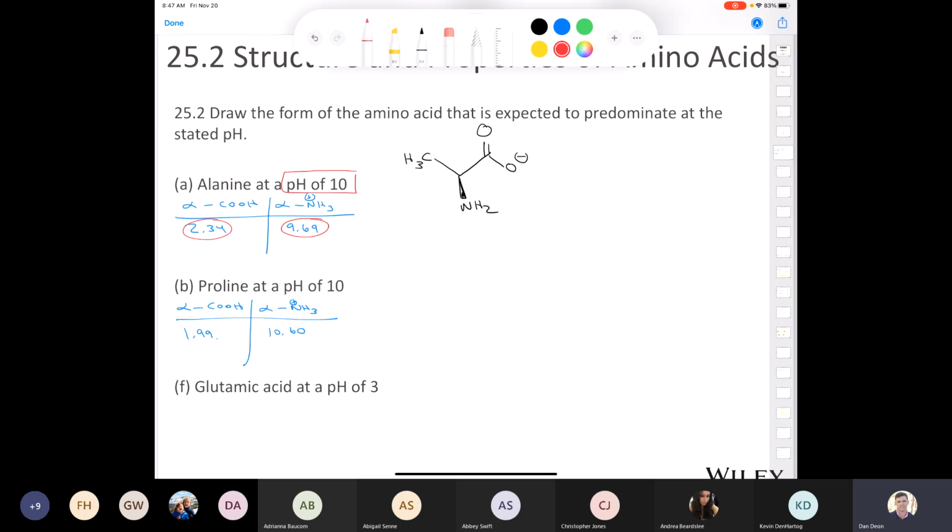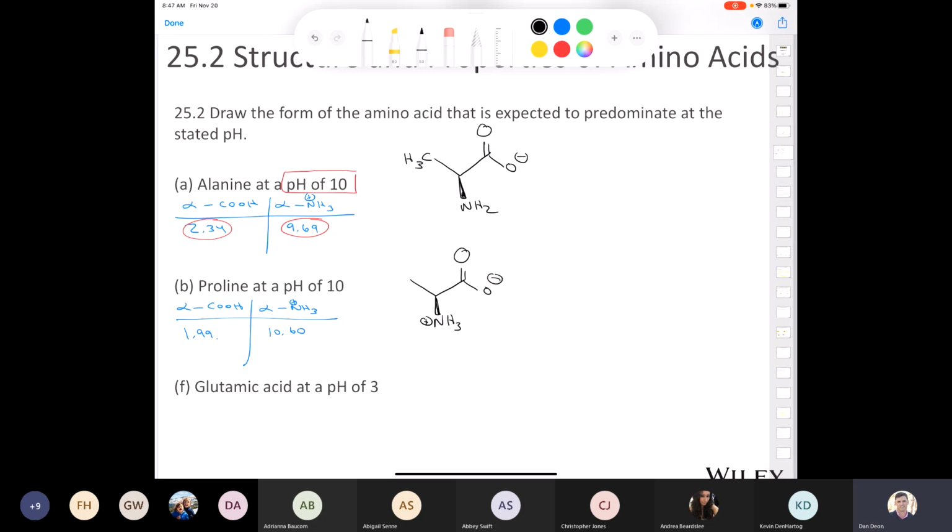That means that our pH is more basic than the carboxyl group, so that's going to be deprotonated, but it's more acidic than this, and so that is mostly going to remain protonated. Well, let's draw the bond line structure of our amino acid. Again, our carboxyl is mostly going to be deprotonated, but our amine will mostly be protonated like this.